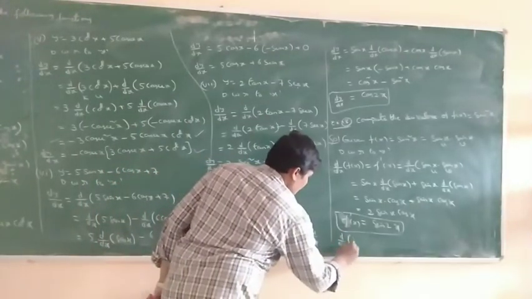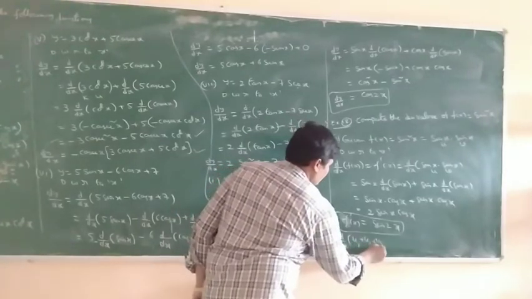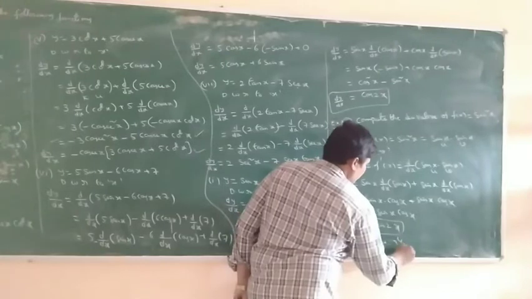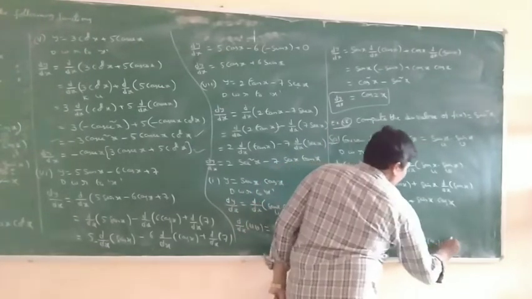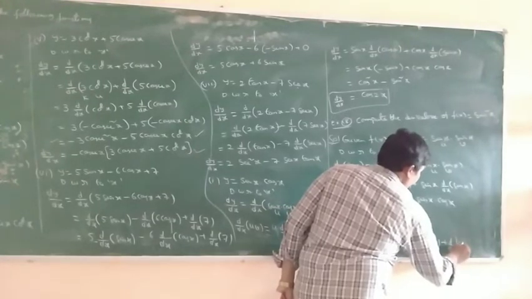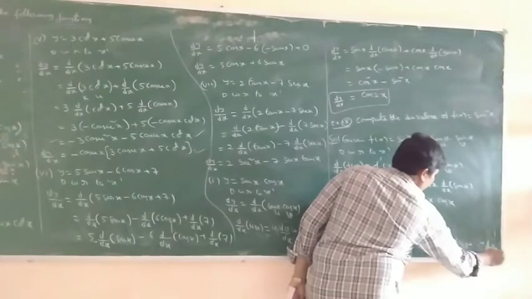Derivative of not only two functions, u1 plus u2 plus u3 and so on plus un, is equal to derivative of u1 plus derivative of u2 and so on plus derivative of un.